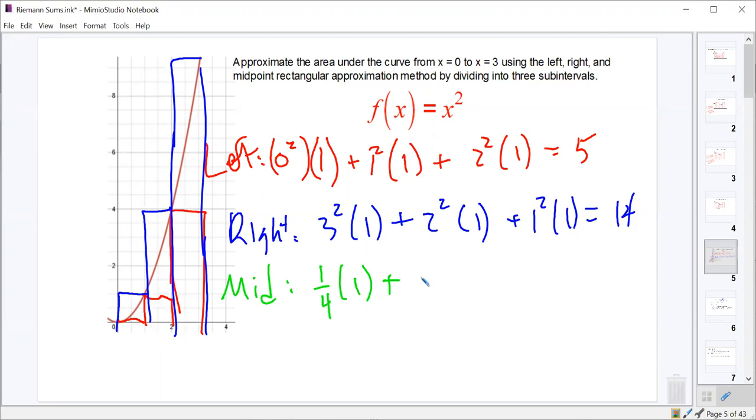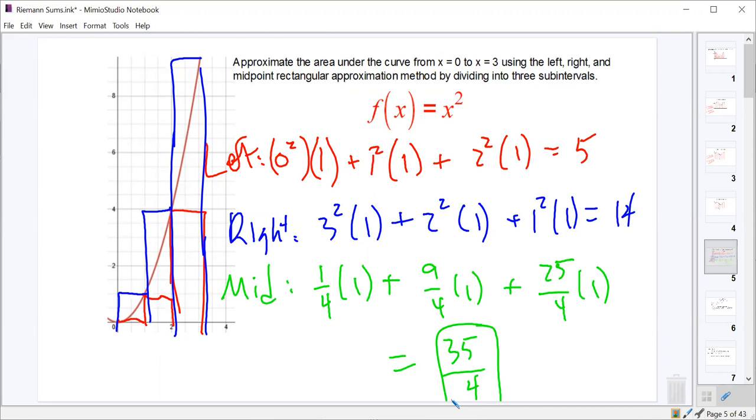Midpoint of 1 and 2 is 3/2, squared is 9/4 times 1. And the midpoint of 2 and 3 is 5/2, which squared is 25/4 times 1. And what does that come out to be? 35/4, a little bit less than 9. And I think we should know what the actual value of this should be.